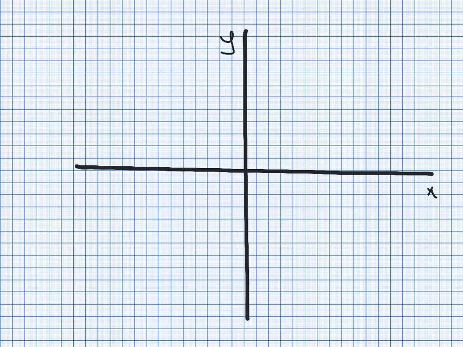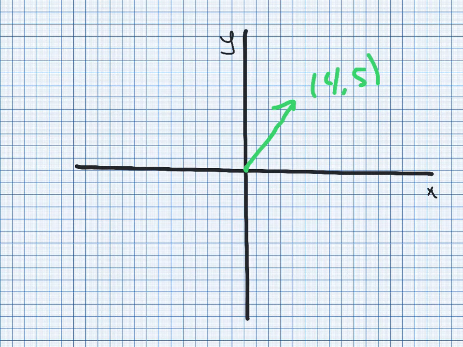So, if I have a vector going from the origin to, say, this point right here, which is (4, 5), I just draw a line there. That shows me direction, and it shows me magnitude. The magnitude is my length from the origin.